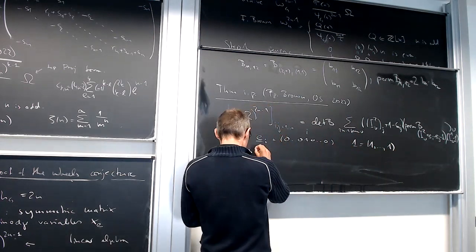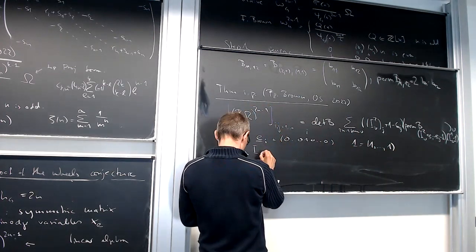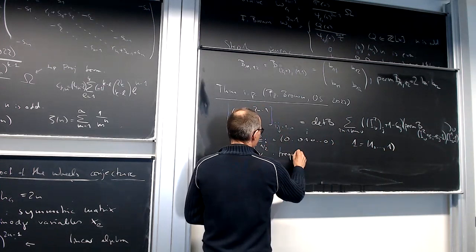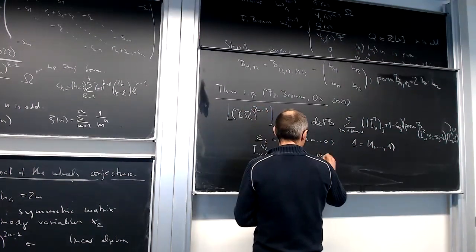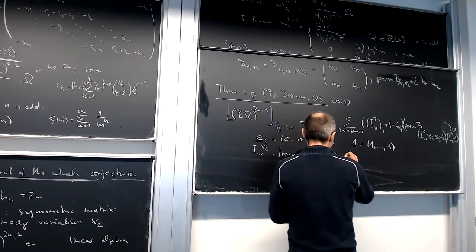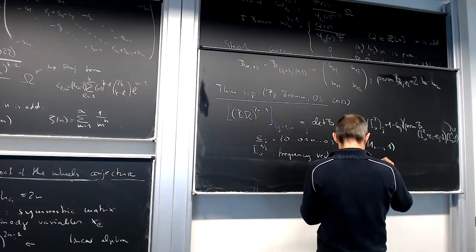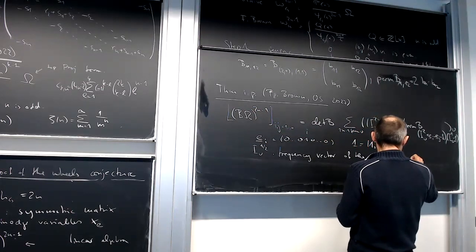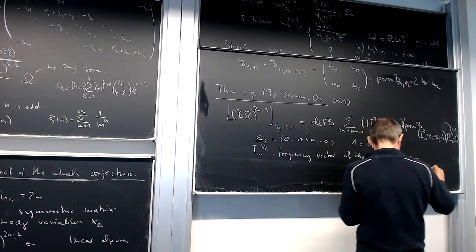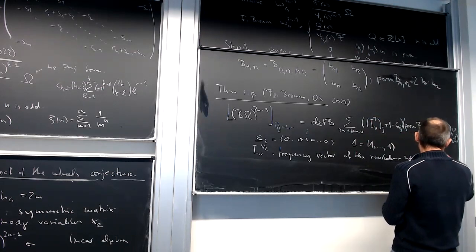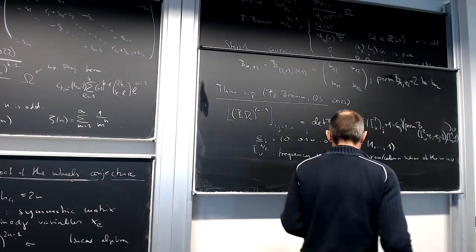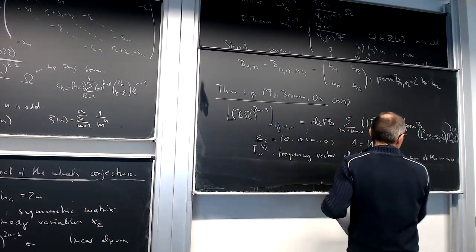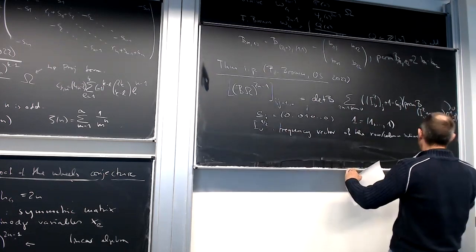And I of nu, 1 or 2, is the frequency vector of the row or column indices of the omega in nu. So row is the first index, which refers to the 1, and column is the second index, which refers to the 2. The nu is built up by omegas, and then you count the frequencies.